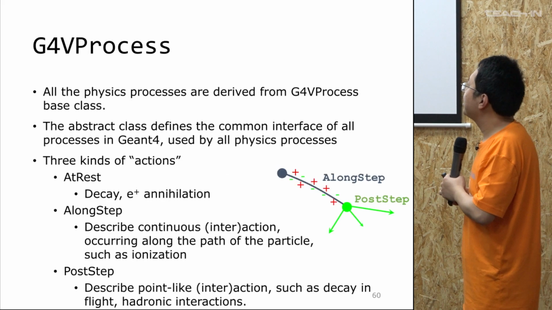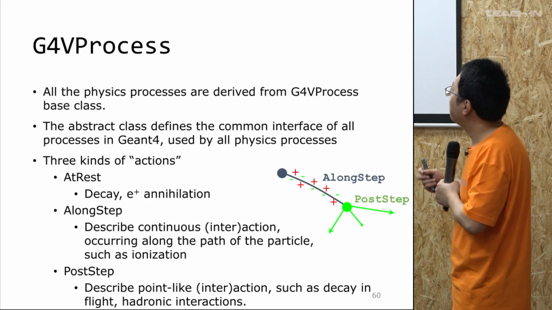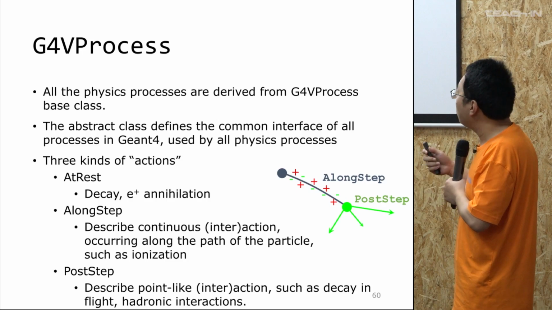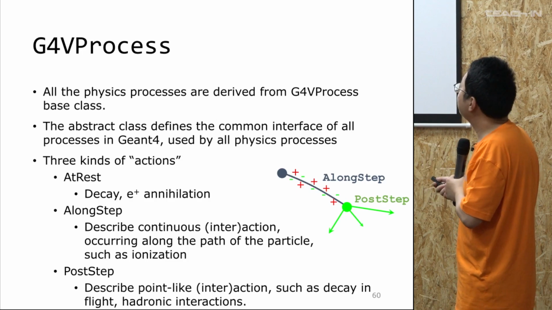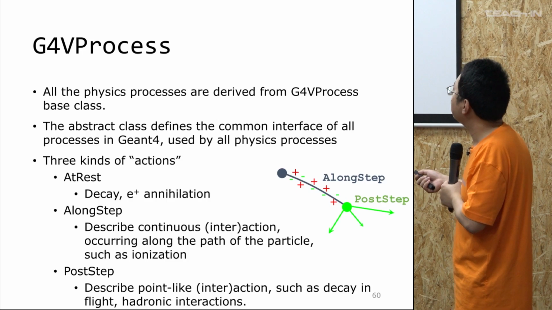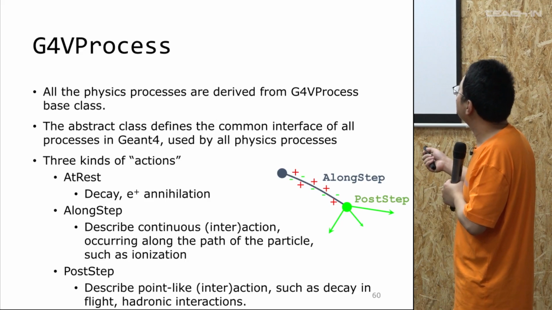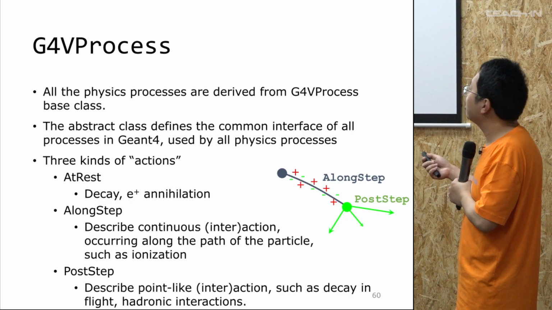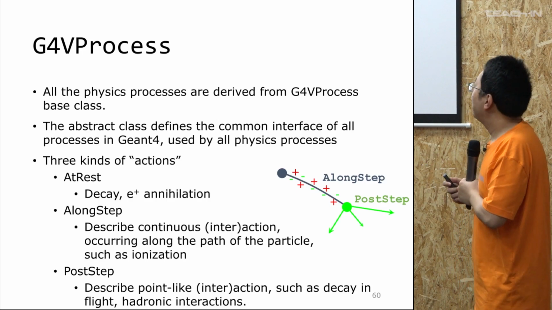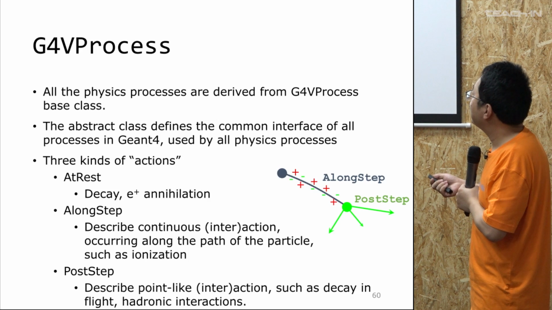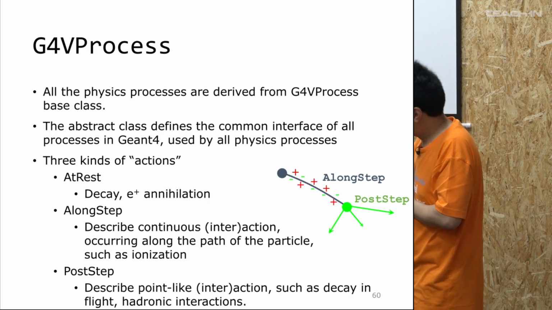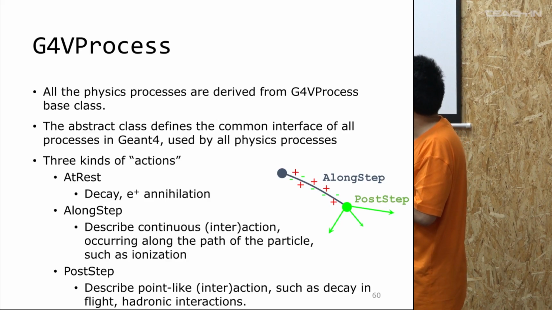In Geant4, there is a base class called G4VProcess. All of the predefined physics processes are derived from this base class, and it defines some very common interfaces. Geant4 divides these actions into three categories.